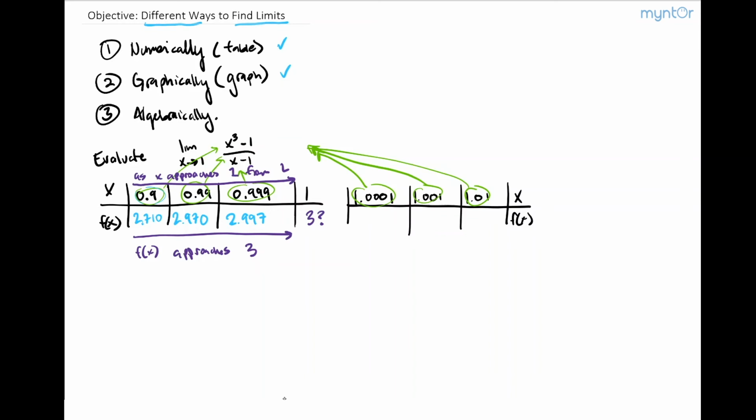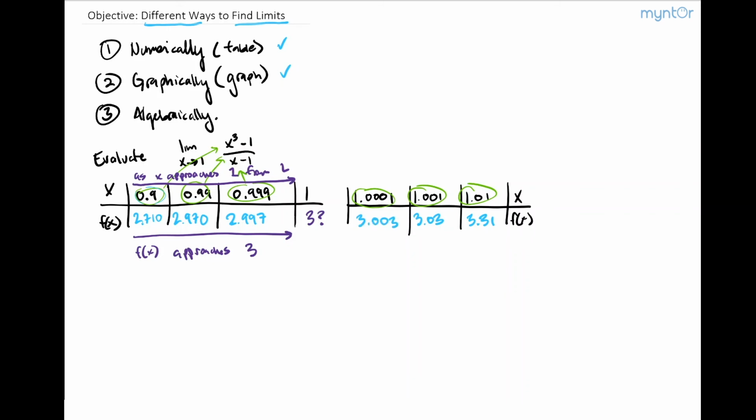And so, I'll go ahead and erase a couple of things here just to make it clear. When x is equal to 1.01, f of x is going to be equal to 3.31. When x is equal to 1.001, f of x is going to be equal to 3.03. And when x is equal to 1.0001, f of x is going to be equal to 3.003.